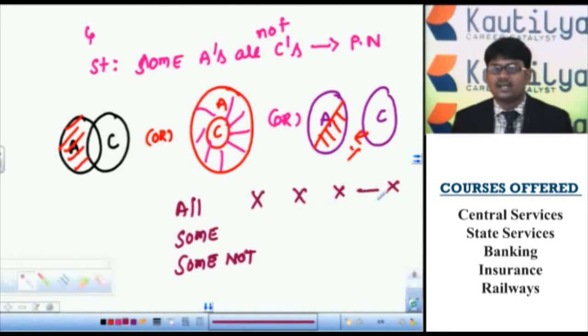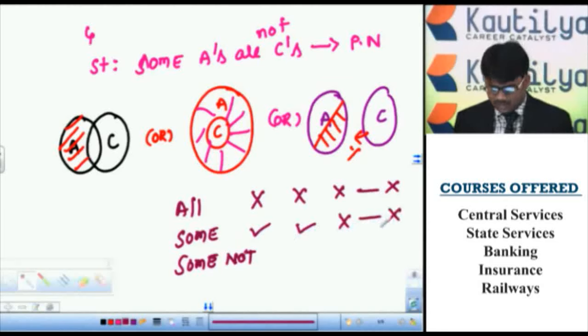Next, in the second conclusion, some A's are C's, we have to check in the given statement. In the first one it exists, in the second one it also exists, in the third one it does not exist, so overall it does not exist for the given statement.